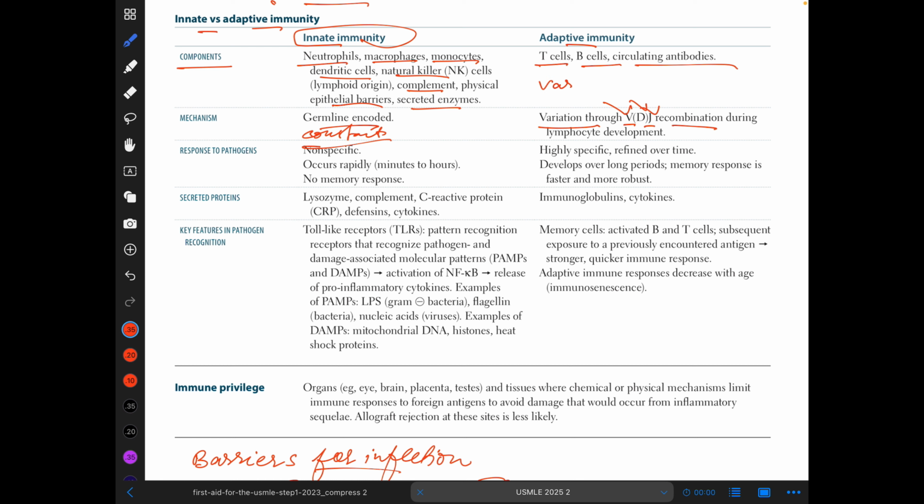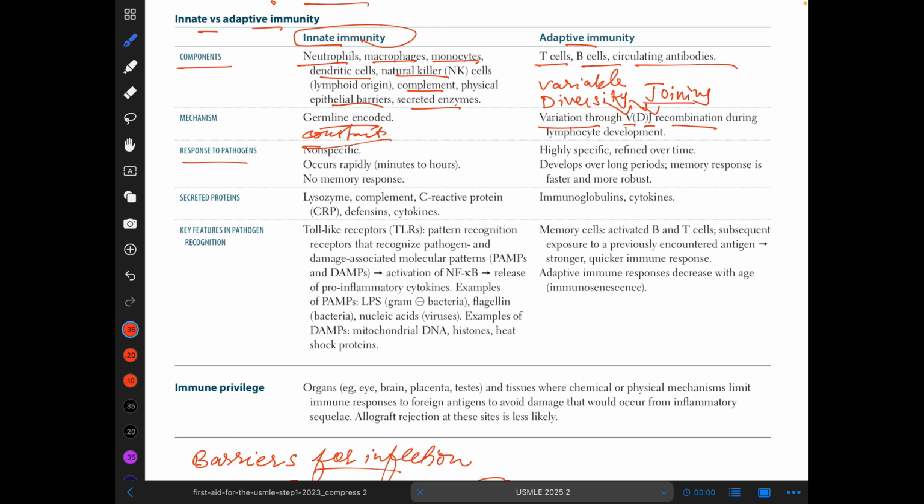V means variable, D for diversity, and J for joining. By these components, they make unique and multiple antibodies for different and numerous microorganisms.